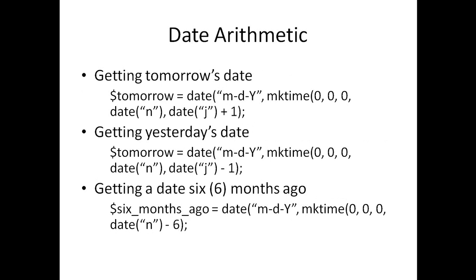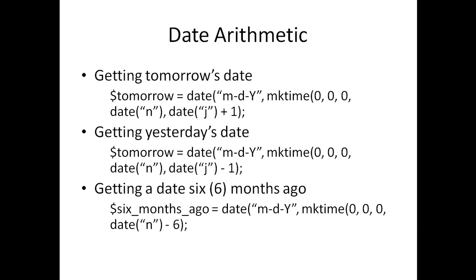In other words, in this example, to get tomorrow's date, tomorrow equals date, and I'm passing it mdy just because that's the format I'm choosing to use, and then make time. If you remember, the second variable for the date function is the actual epoch time. Well, make time returns an epoch time, so I'm saying go use make time.